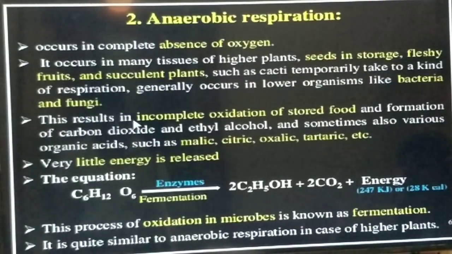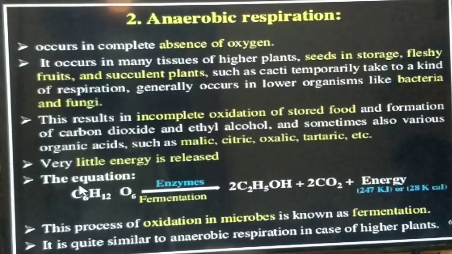This results in incomplete oxidation of stored food and formation of carbon dioxide and ethyl alcohol, and sometimes also various organic acids such as malic acid, citric acid, oxalic acid, tartaric acid, etc. Here, very little energy is released in this process.